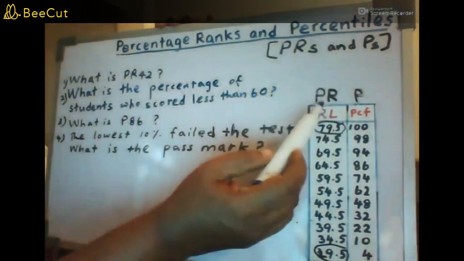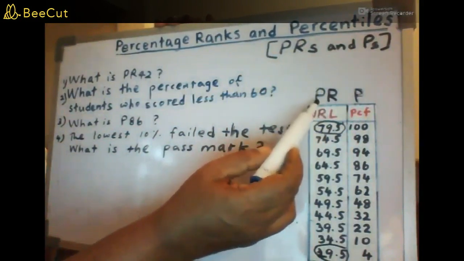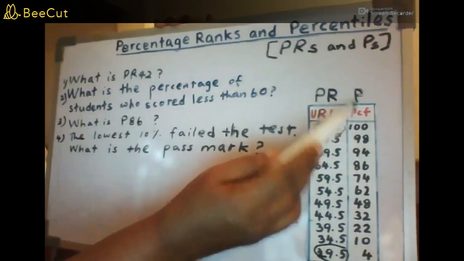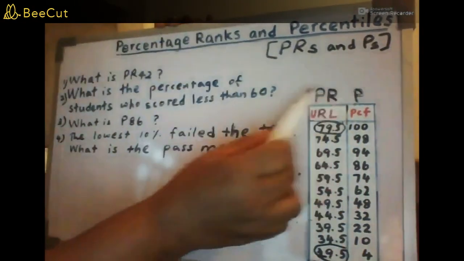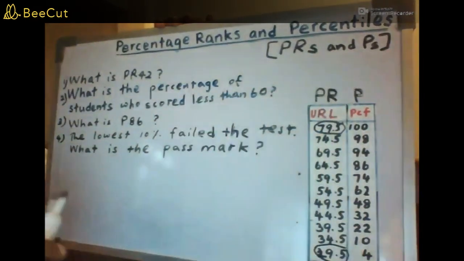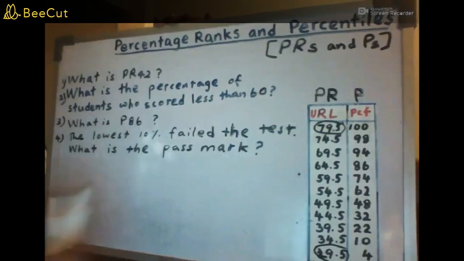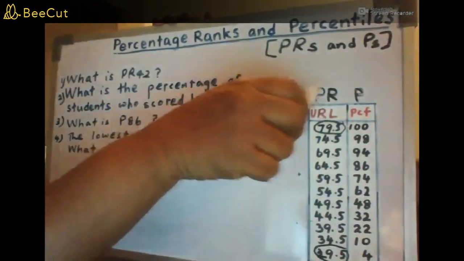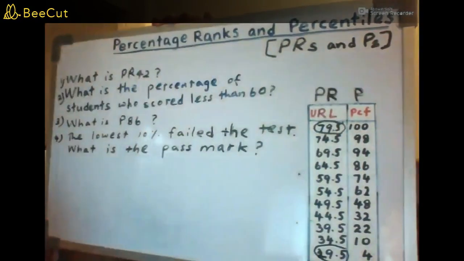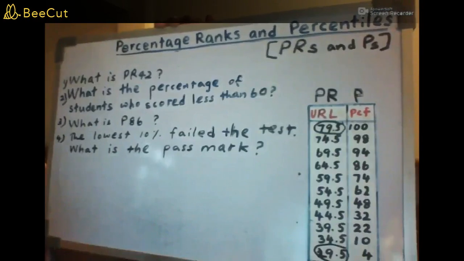You can remember like this: in upper real limit, R is there, so PR. Here just P. Don't get these things mixed up, or the whole process will be wrong. On the marks column, PR, and on the PCFs column, write P.